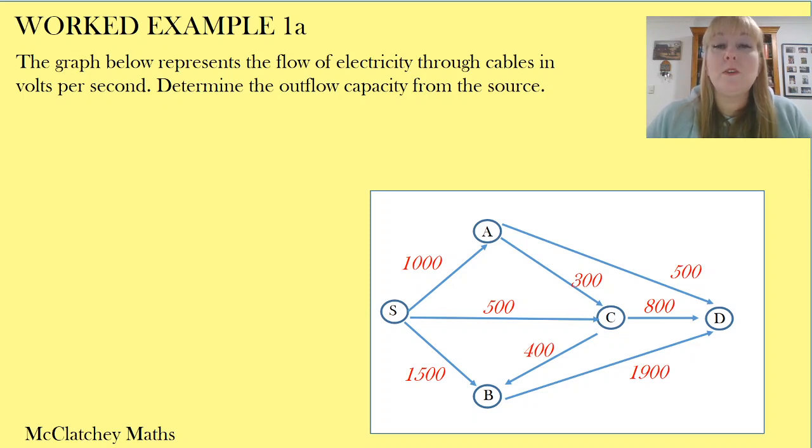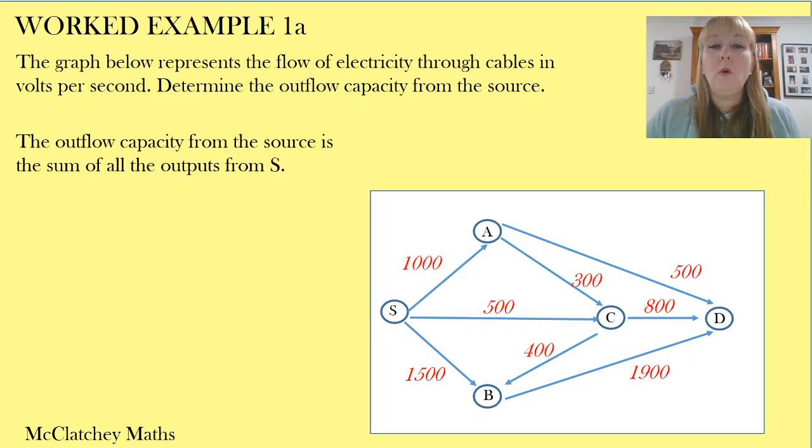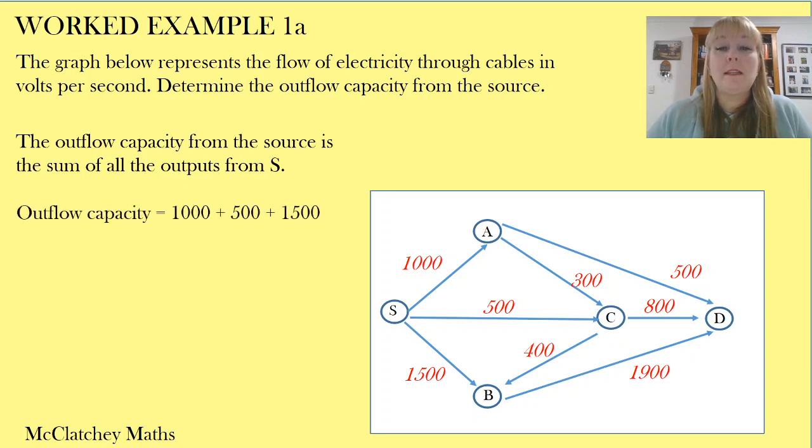So thinking about the source, that's vertex S, and we're looking here at all of the different edges that are proceeding out of S. So we've got an edge coming out to A, we've got an edge coming out to B. The edge coming out to A has a capacity of 1,000, the edge coming out to B has a capacity of 1,500, and also the edge coming out to C has a capacity of 500.